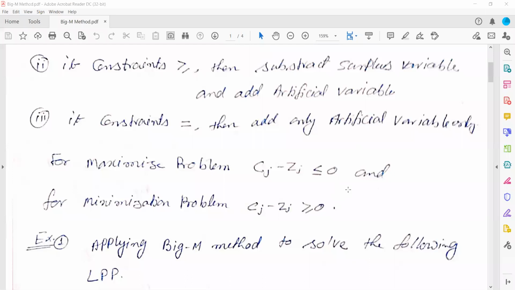So for maximization, you get the optimal solution when all values of Cj minus Zj are either 0 or less than 0. And if the problem is of minimization, then Cj minus Zj should be either 0 or greater than 0. Then only you will get the optimal solution in both cases, maximization and minimization.